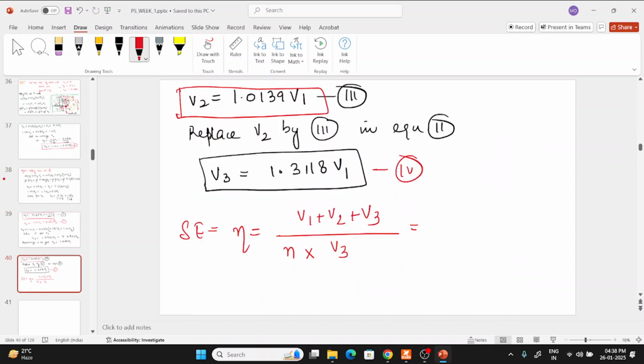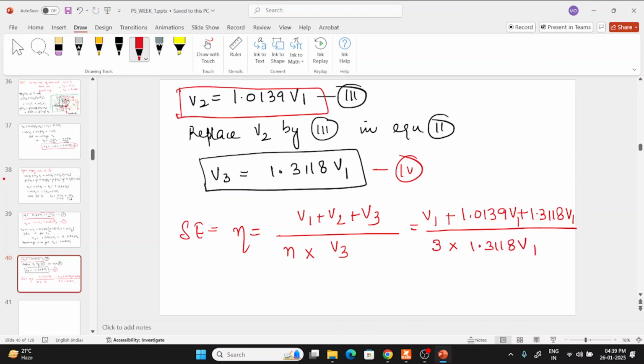So what is V1? We have calculated the values in terms of V1. So the numerator is V1 plus V2, which is 1.0139 V1, plus V3, 1.3118 V1, divided by N, where N is 3, times V3, which is 1.3118 V1.